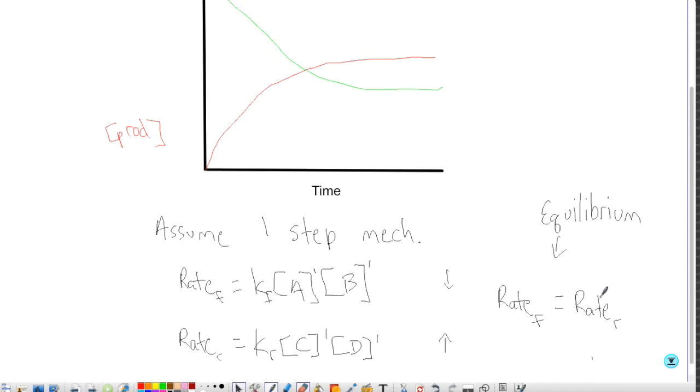Equilibrium is a dynamic state. That doesn't mean that the concentrations of A, B, C, and D aren't changing. It just means that the rates of change for the forward reaction and the reverse reaction are both going to be the same.